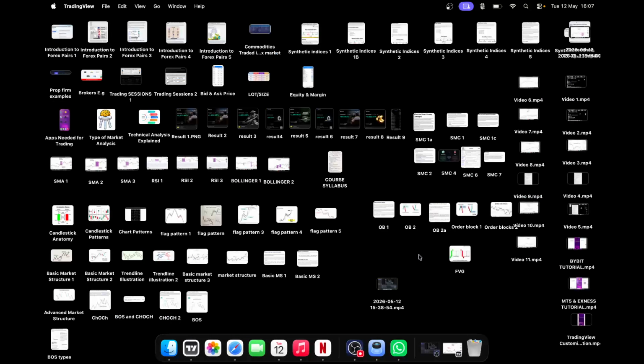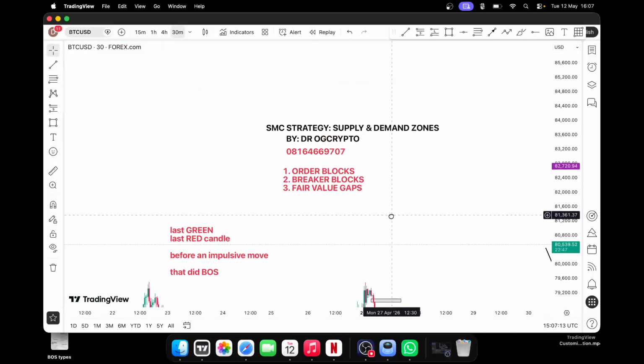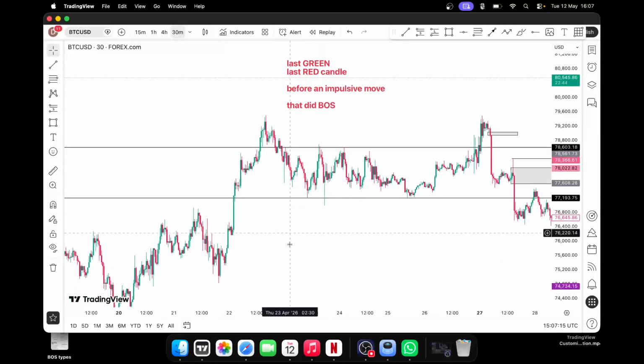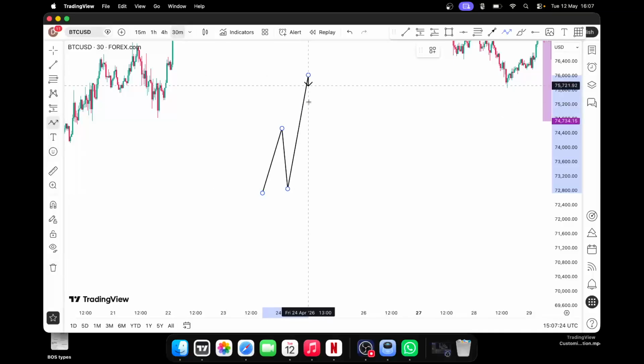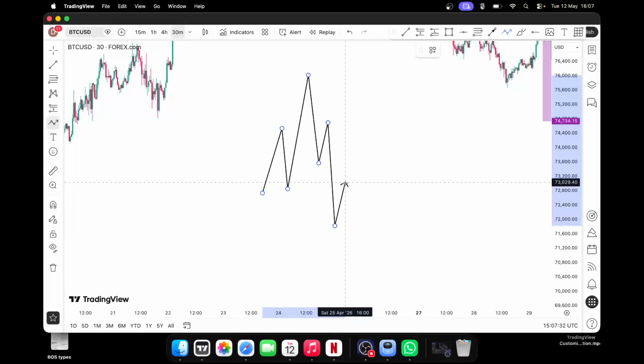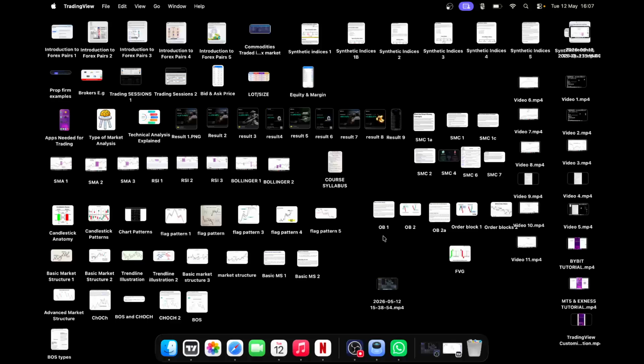So now, what of breaker block? In a situation whereby the market is coming, and the market did not respect that order block at all, let's say the market is coming like this, then the market is supposed to respect this order block that is there, but the market did not respect it, it just broke through.